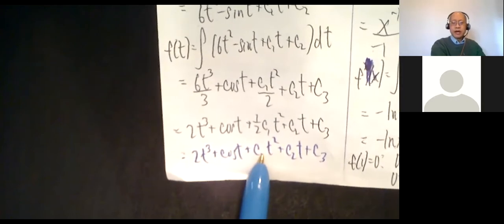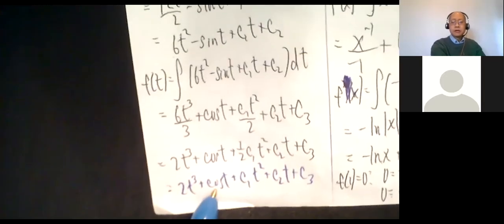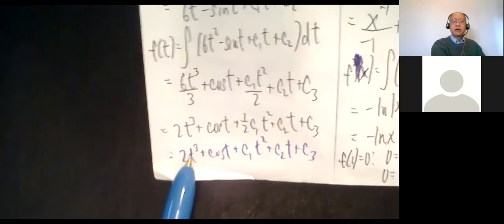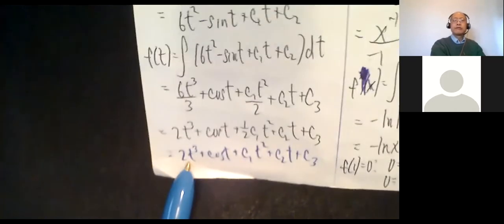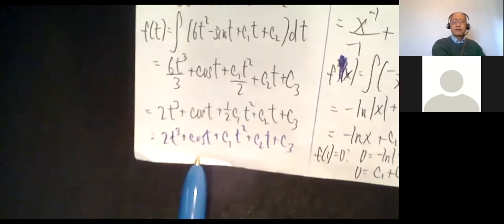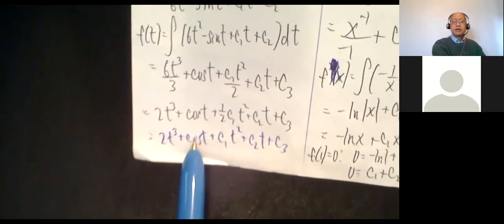And if you're not convinced of that, go ahead and take the third derivative of this. The third derivative of this will come out to be that. In fact, that's not that hard to check. What's the derivative of this? 6t squared, whose derivative is 12t, whose derivative is 12. Works. Derivative of cosine, negative sine, take another derivative, negative cosine, take another derivative, sine.